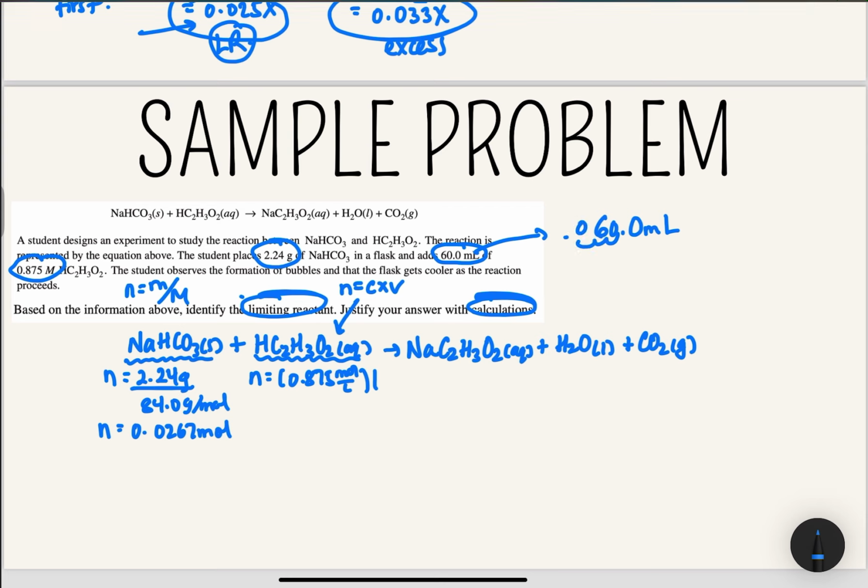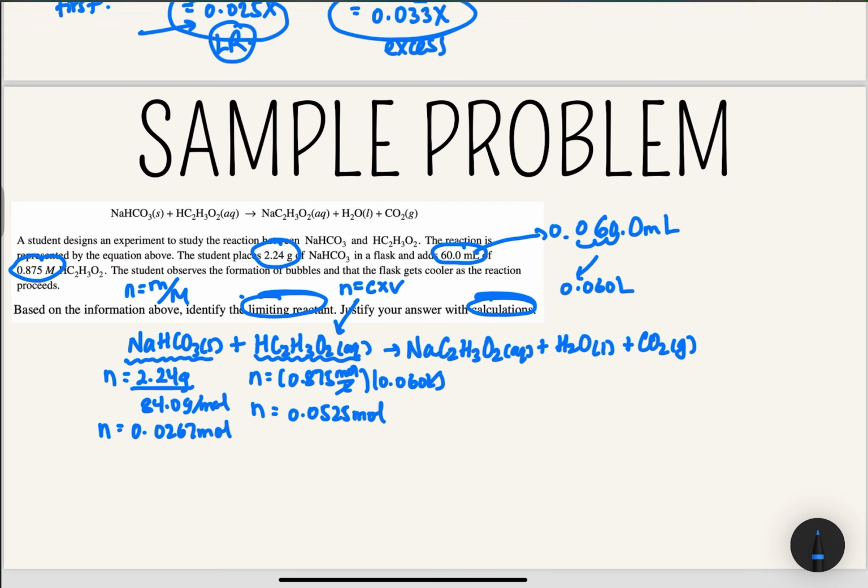So this becomes 0.060 liters. So liters will cancel out, and my answer will be in mole. And I'll have a mole value here of 0.0525.